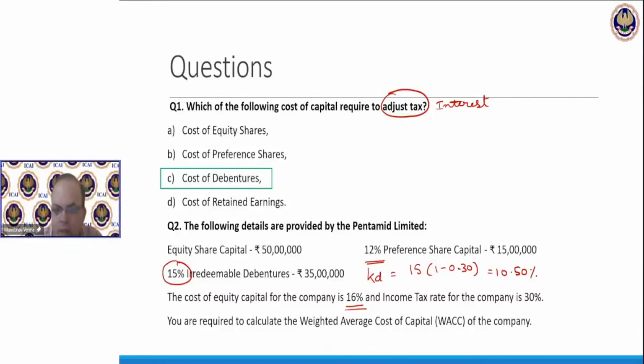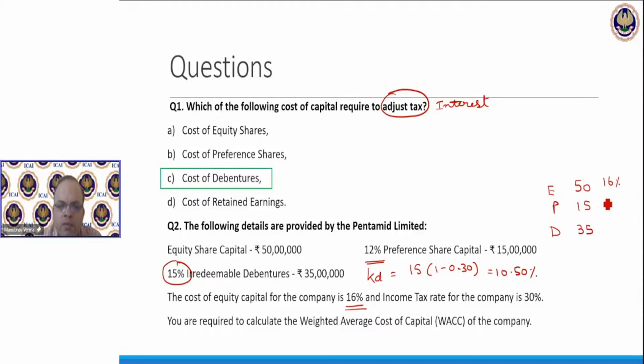The rest is history, because now you have 3 costs and you have a proportion here. So if you talk about equity, preference, and I think Himanshu, to your point, this is the classic example, right? The question you raised earlier. The question number 2, you can see 3 different components, 3 different costs. So talking about a ratio of 50, 15, and 35, and we're looking at 16 here.